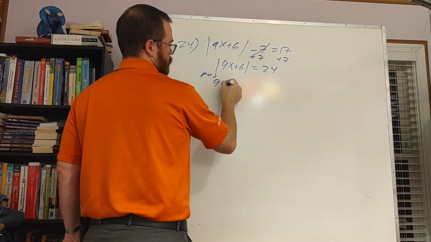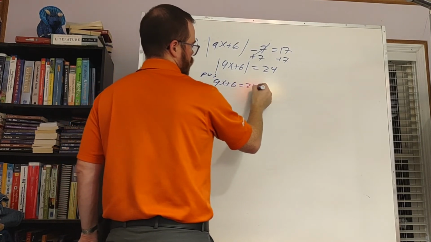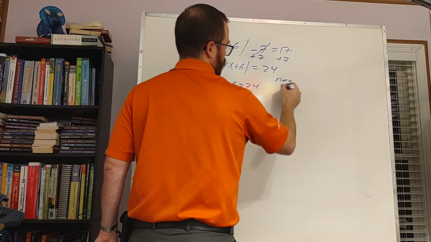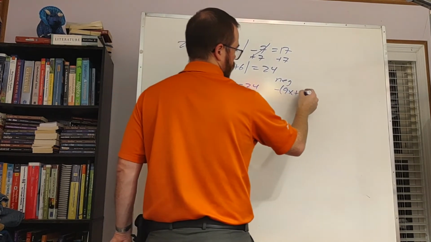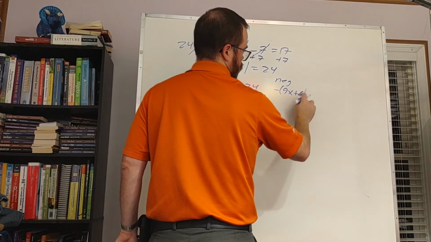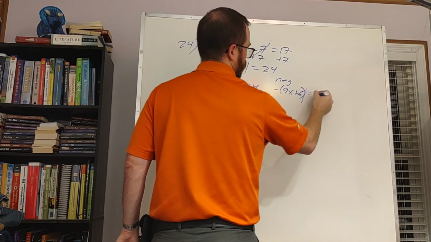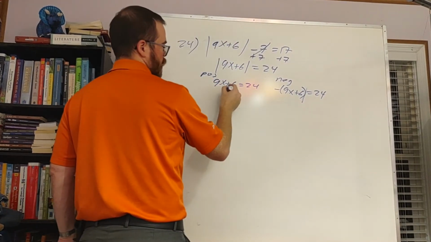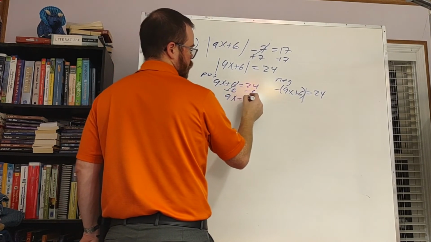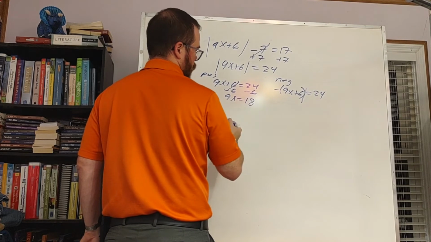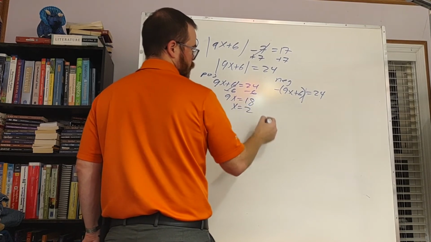So 9x plus 6 equals 24. Negative case, we've got negative parentheses 9x plus 6 parentheses equals 24. Okay, so we're thinking subtract 6 from both sides. 9x equals 18, divided by 9, that's going to be 2.